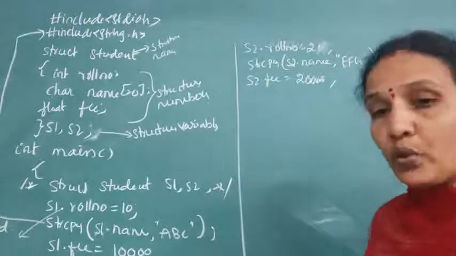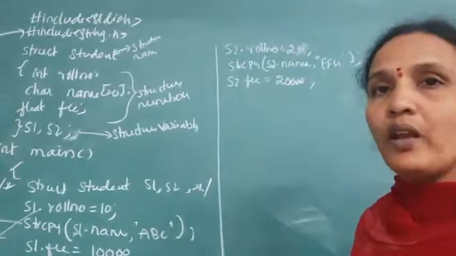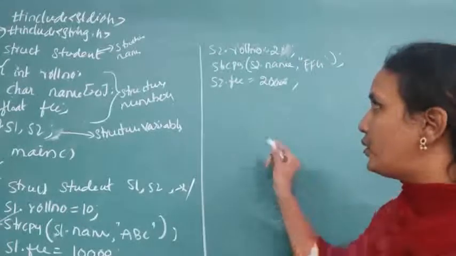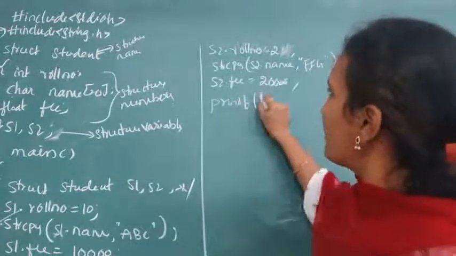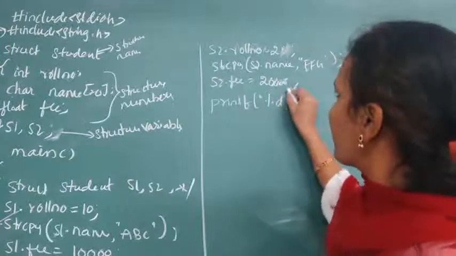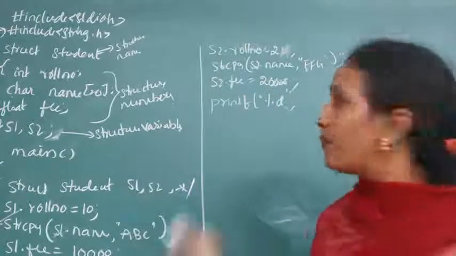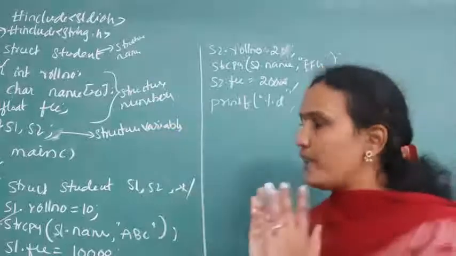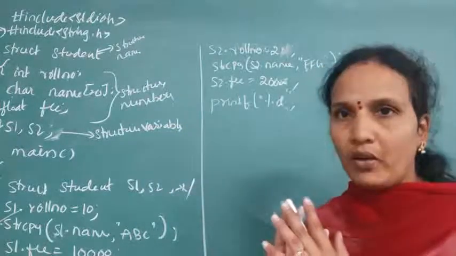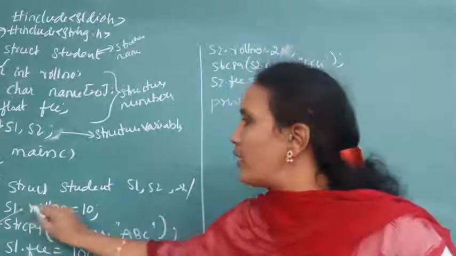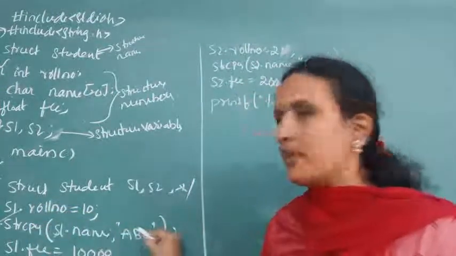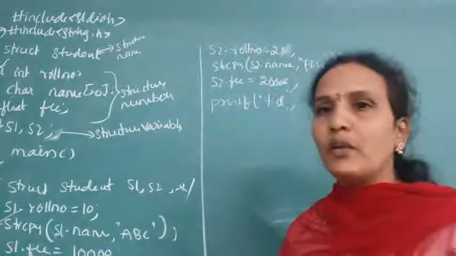Now I want to print those values. As usual you use printf, percent d. First I want to print the student 1 record. In the student 1 record, what do we have? Student 1 roll number, student 1 name and student 1 fee.